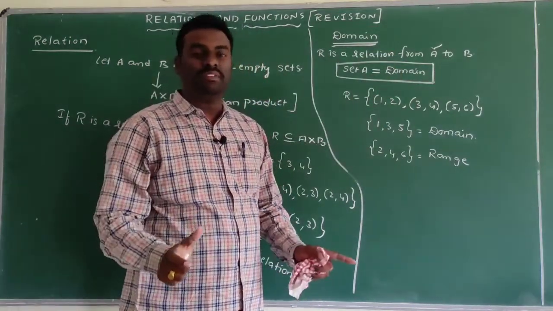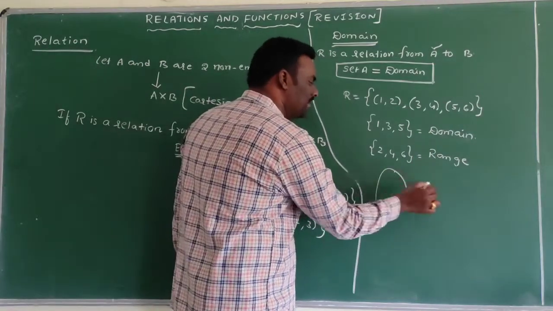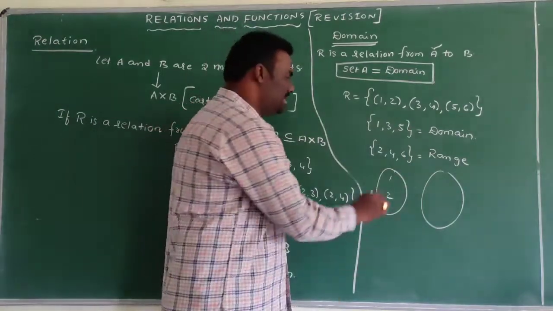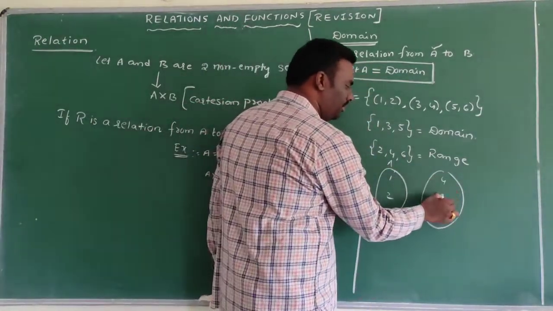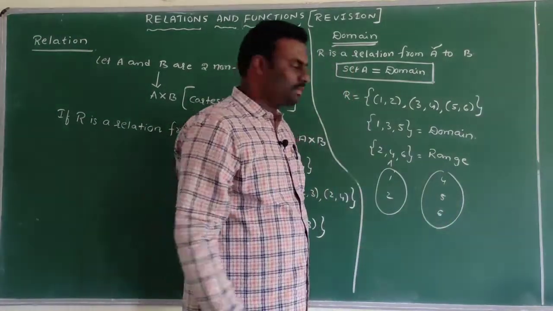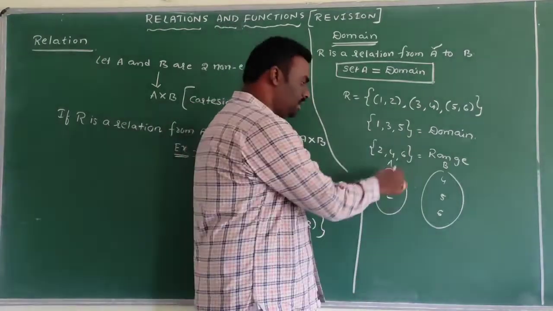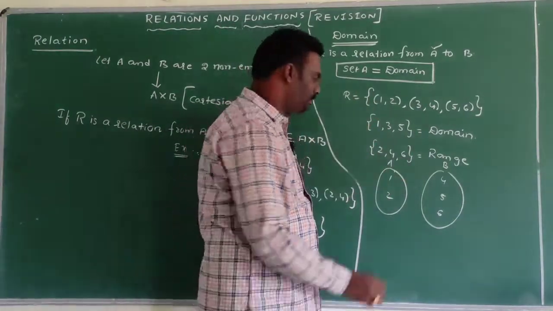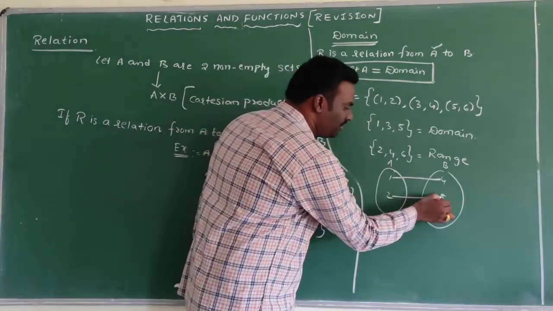What is the difference between codomain and range? If you take a mapping like this, A is {1, 2}, and here I am taking B as {4, 5, 6}. Both are non-empty sets. Now here the domain is what? 1 is related to 4, 2 is related to 5.